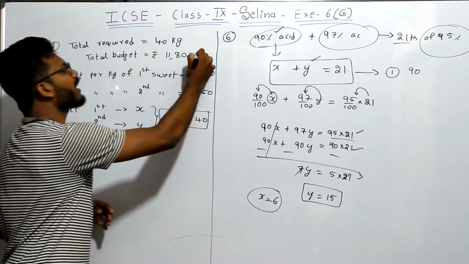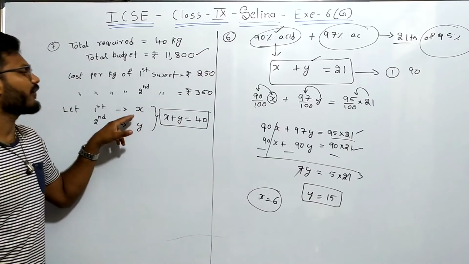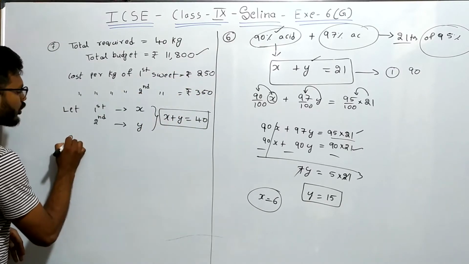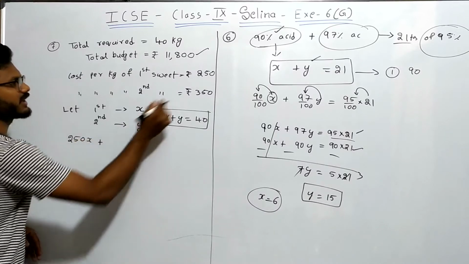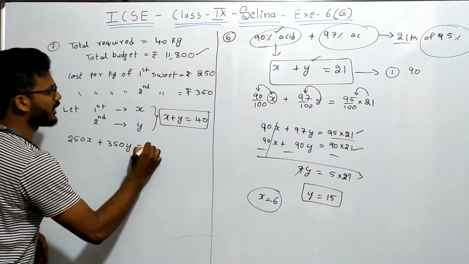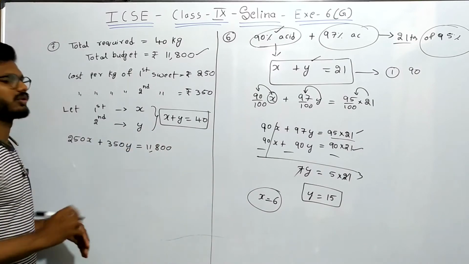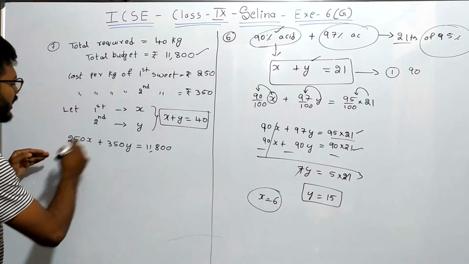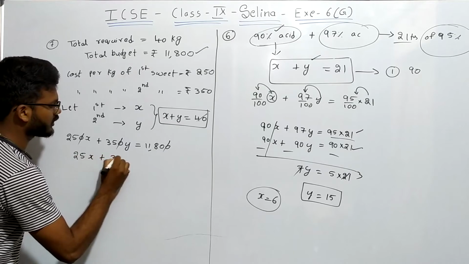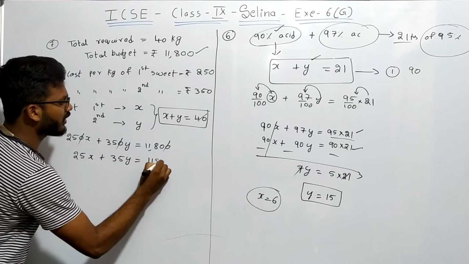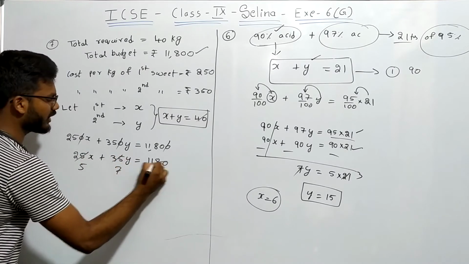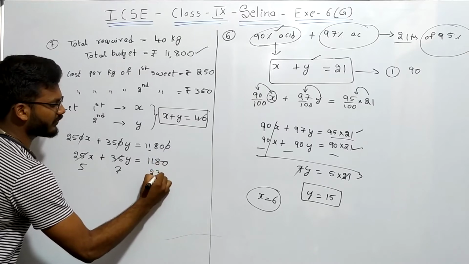And the second one is cost. There are x kgs of first sweet and each kg costs 250. Therefore, total cost is 250x plus, second sweet is 350 per kg, there are y kgs, equal to 11,800. Here I will cancel 0, so 25x plus 35y equal to 1180, and again cancel with 5. 5 5 are 25, 5 7 are 35, 5 2 are 10, 5 3 are 15, 236.